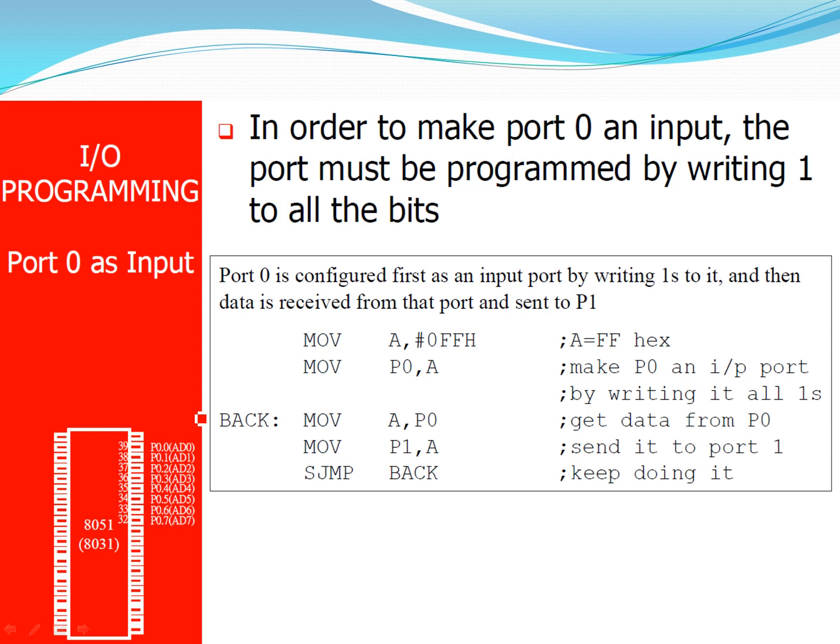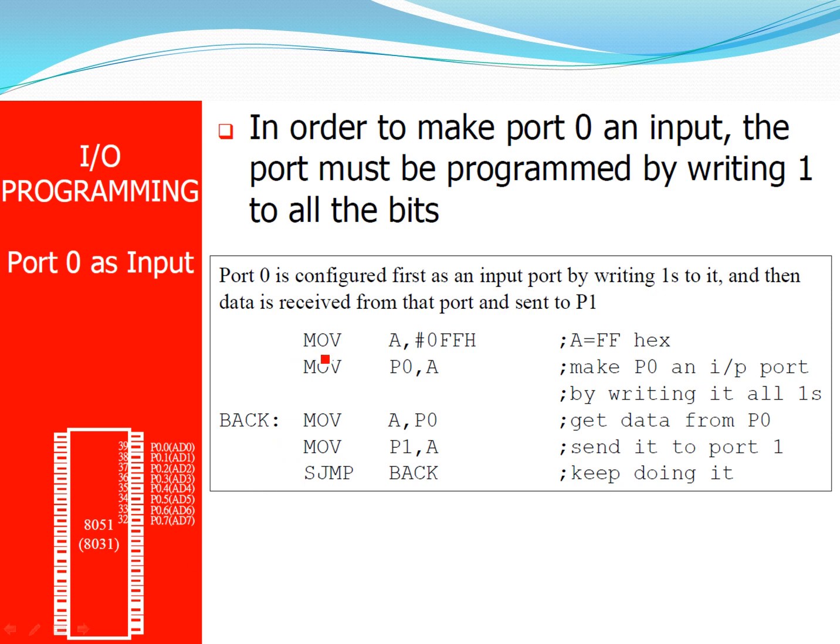So first I have to receive the data from port 0, so initialize port 0 as an input port. For that I have to send logic 1 to all the bits of port 0. Port 0 is an 8-bit port, so I have to send FF to port 0. Why FF? FF means 8 ones.